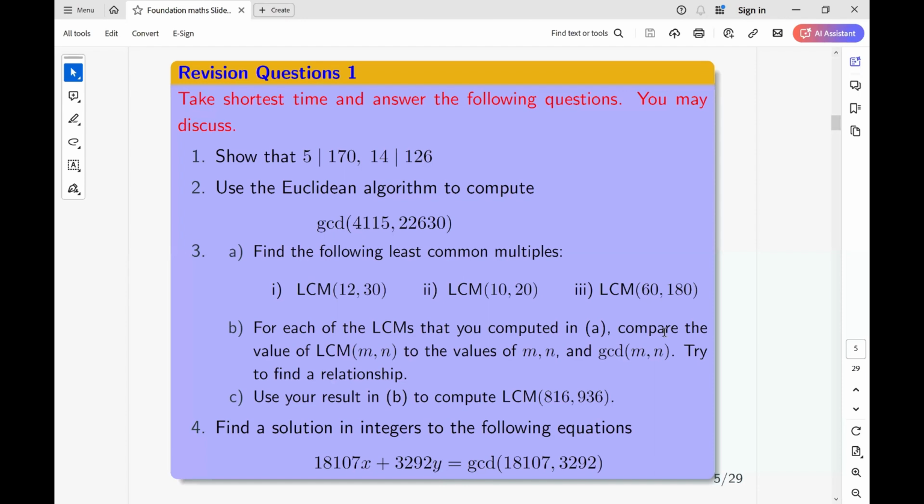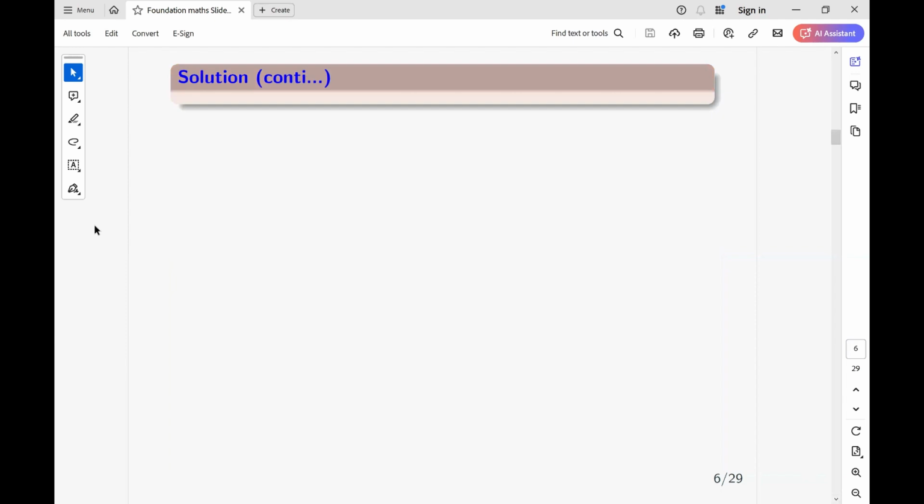So we come and do it. There's enough space here.